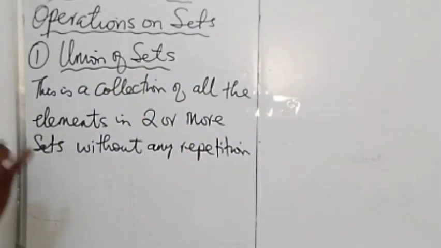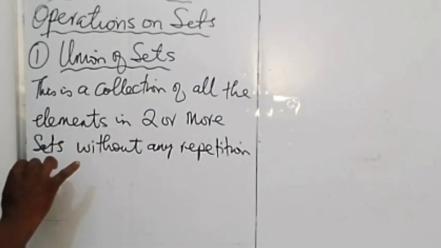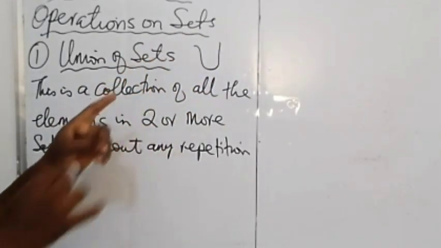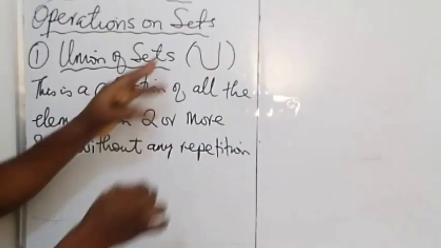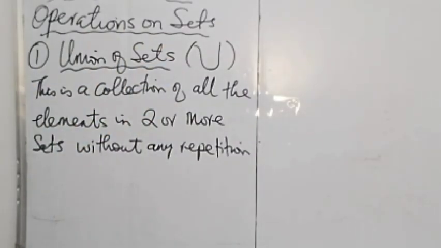The symbol of union of sets looks like a U. So that is the symbol for union of sets.